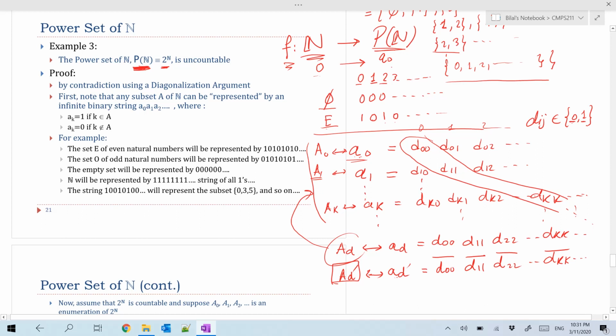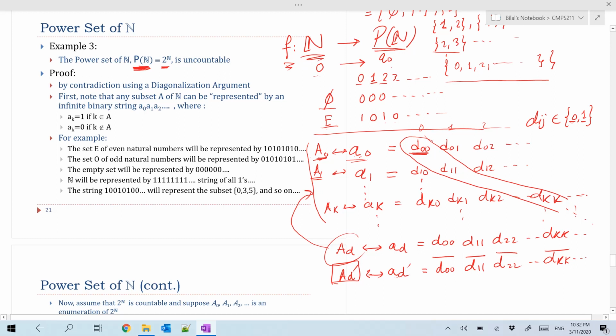It's different than the set A0, because at least one of the elements that were in A0 are no more in AD prime, or vice versa. Maybe this one was 0, so an element that was not originally in A0, now I'm adding it and forming AD prime. Do you see the point?